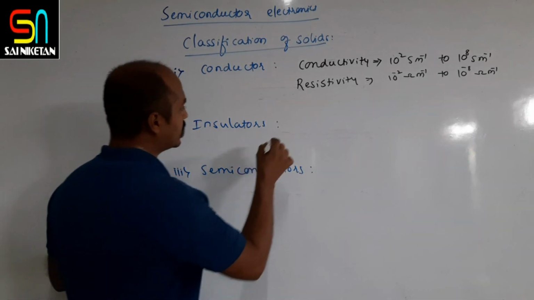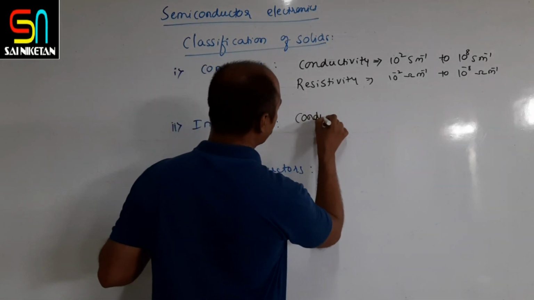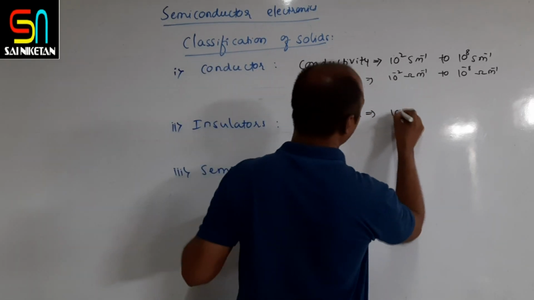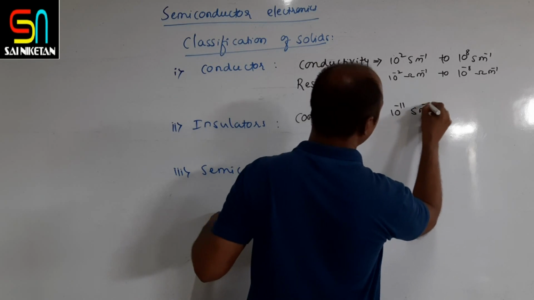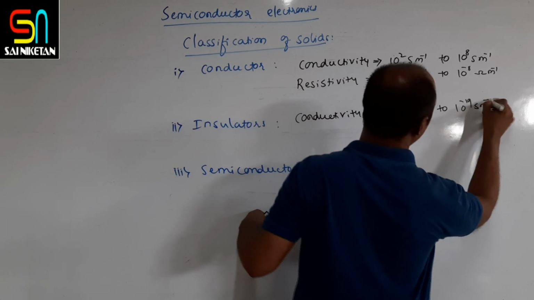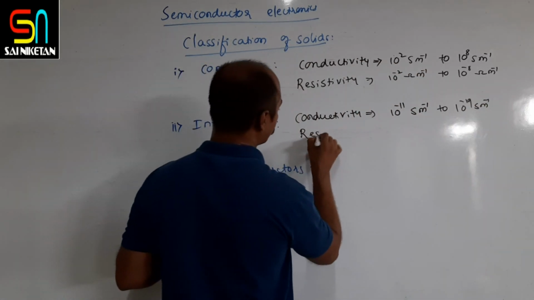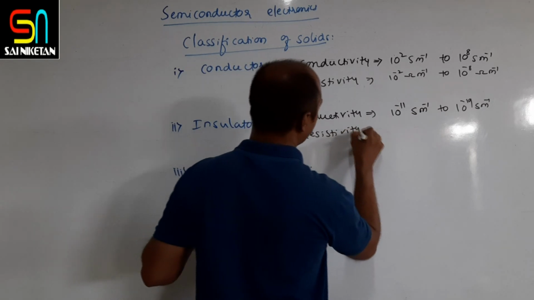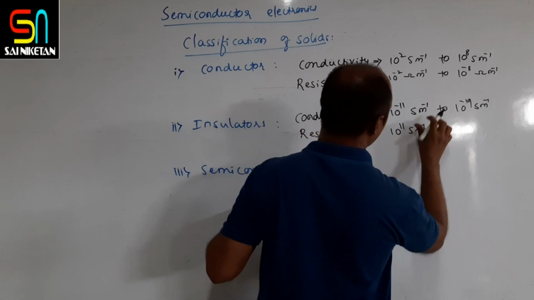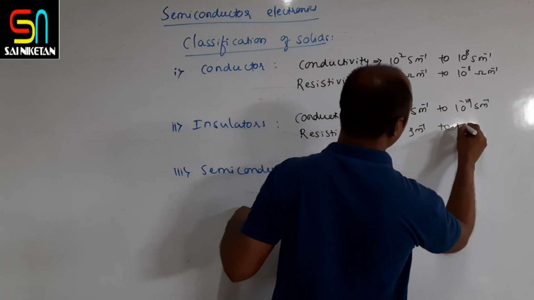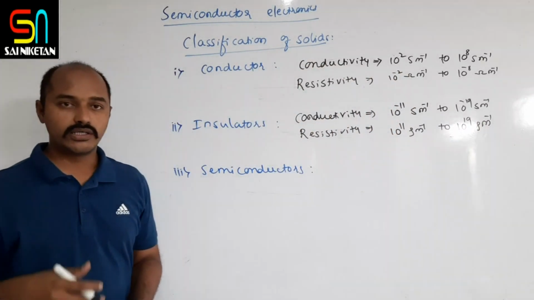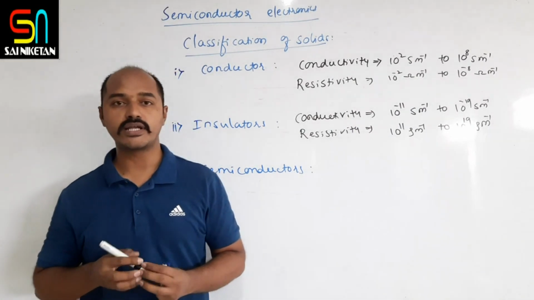Here the resistivity is very high and the conductivity is very low. The conductivity is of the order of 10 raised to minus 11 Siemens per meter to 10 raised to minus 19 Siemens per meter, and similarly the resistivity varies from 10 raised to 11 ohm meter to 10 raised to 19 ohm meter. Now we have a basic idea regarding conductors and insulators.